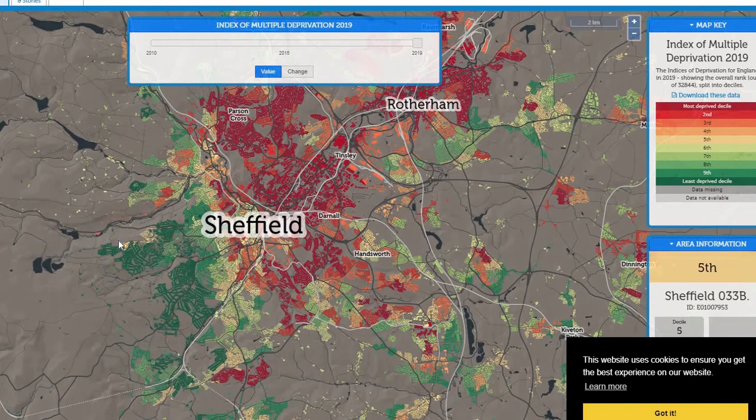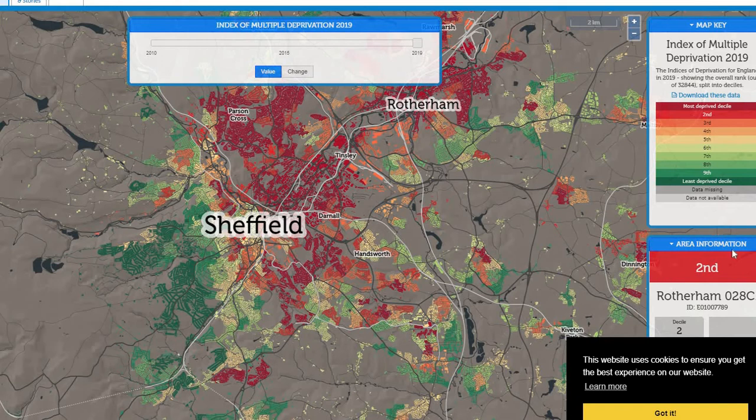So this southwestern area is very desirable. It's seen as having the best of both worlds. You're in the city with all the amenities, but you're right next door to the Peak District. Whereas these central and eastern areas are the old industrial areas of steelworks and factories that have since closed down. So in these areas, decent paying jobs are far harder to come by, and you've got a lot more deprivation.